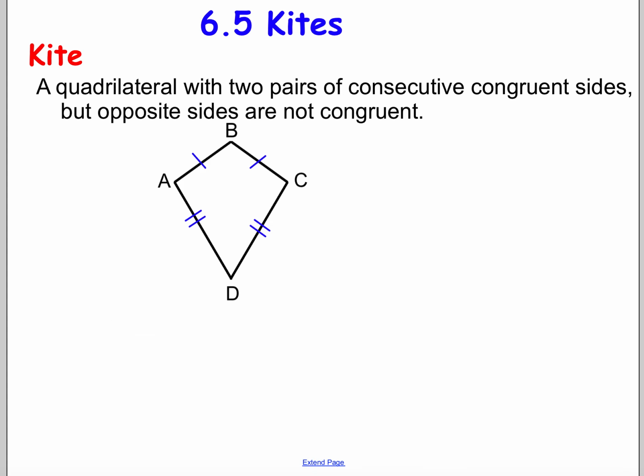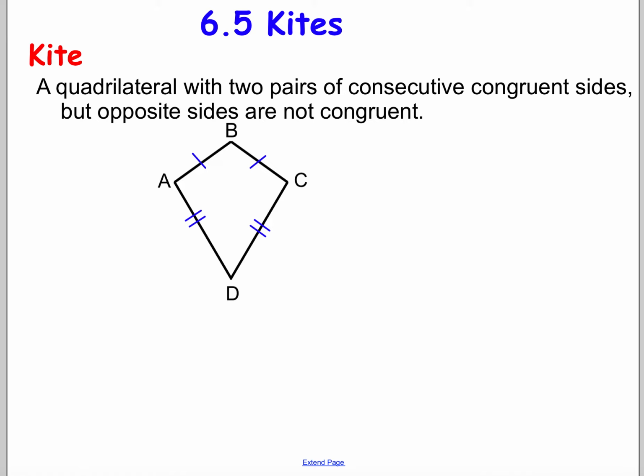Okay, the last type of quadrilateral that we're going to go through is something called a kite. And kites are easy to remember. They're four-sided shapes, a quadrilateral, but it's easy to remember because they look like kites. A kite is defined as a quadrilateral that has two pairs of consecutive congruent sides, but opposite sides are not congruent.